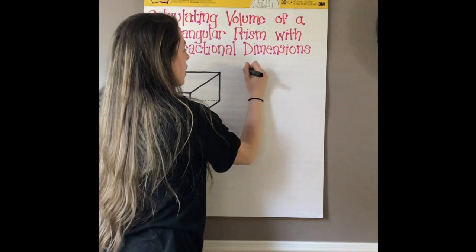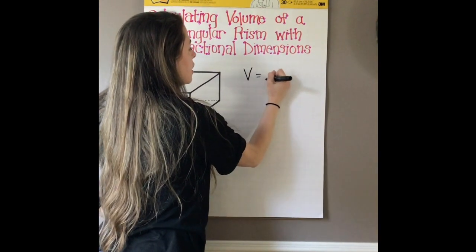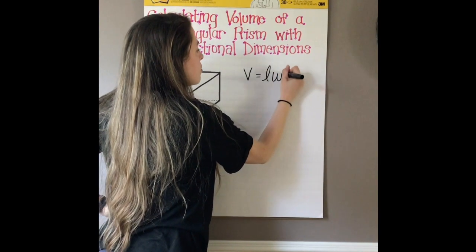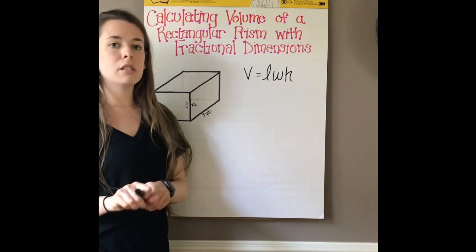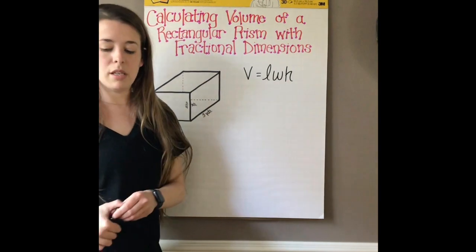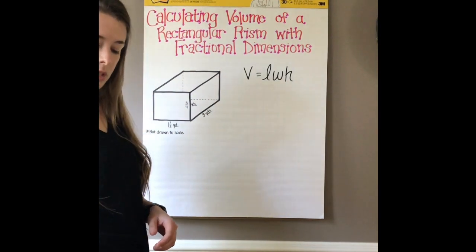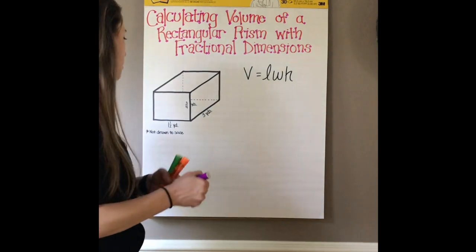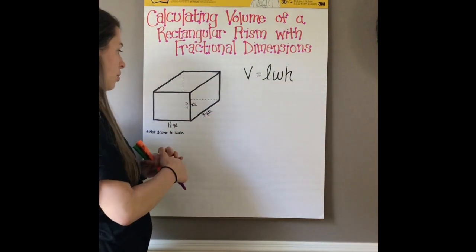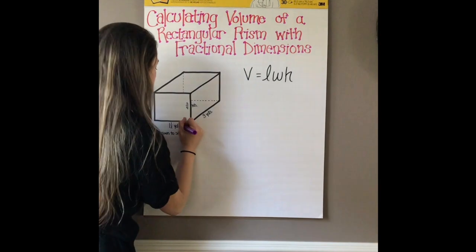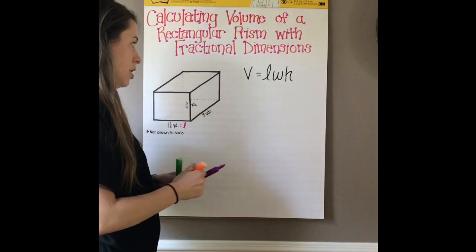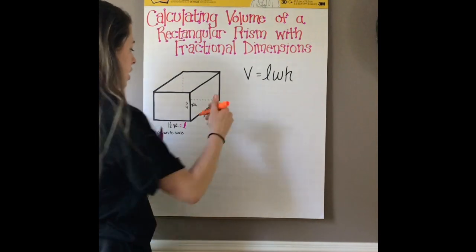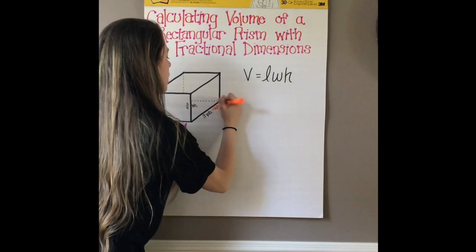So the formula is volume is equal to length times width times height. Remember, when we write the variables next to each other like that, it means multiply. It's the only operation we're allowed to skip the symbol for. So we are going to call 1.5 yards the length. We're going to call 3 yards the width.